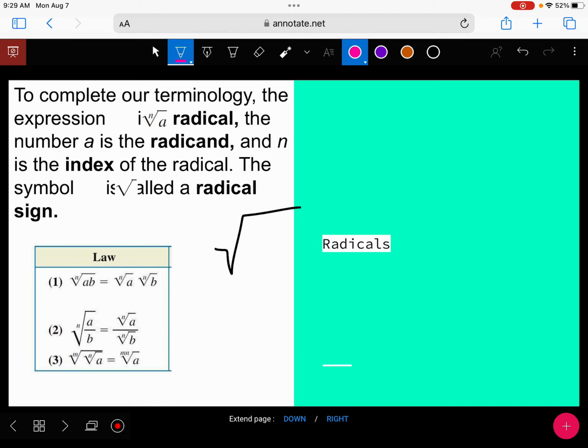The radicand is the home slice inside. This guy is our radicand. The index is the guy in the little crook. So whether it's a square root, cube root, fifth root, eighth root. We really only have special names for square and cube for 2 and 3. But any more than that, we just use the number: fifth root, eighth root, 12th root, whatever.